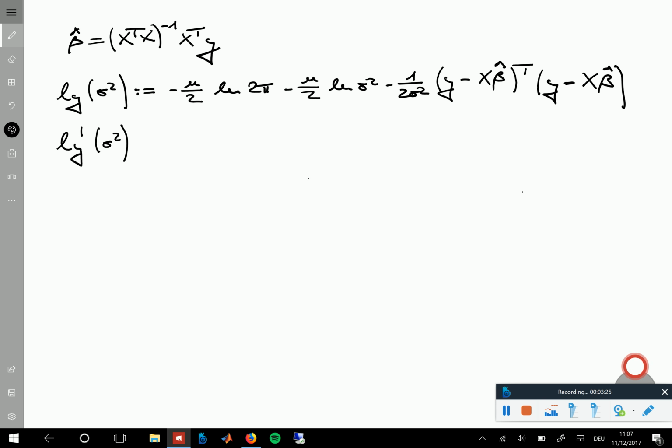we first see again that this term is not dependent on sigma square, so we get 0 for it. And the first term that we need to compute a derivative with respect to sigma square is actually this.